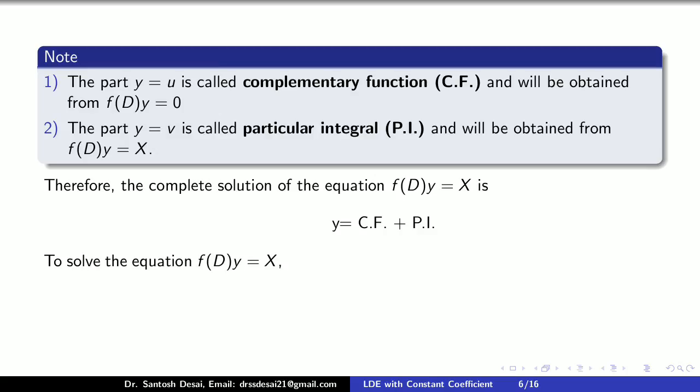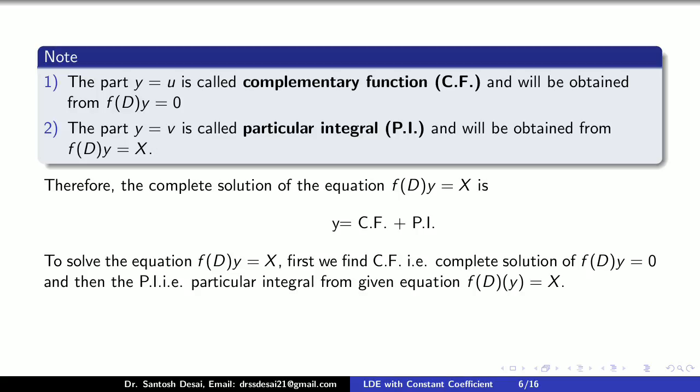Now to solve the equation f(D)y = X, that is, to solve a linear differential equation of order n, first we find the complementary function, that is, the complete solution of the homogeneous differential equation f(D)y = 0, and then find the particular integral from the given equation f(D)y = X, and combine these CF and PI, one can get the complete solution of the given equation.